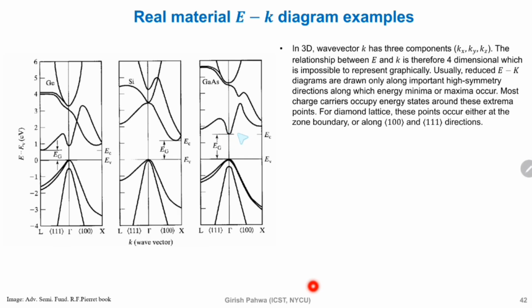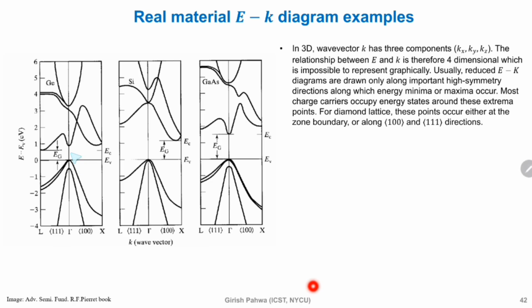Most electrons are going to be here and most holes are going to be here. There can be some electrons at higher energies, but their probability is much smaller. We will see the probability of occupancy of states also, but to reach a very high energy state, they will need some external excitation. At room temperature, it's not usually possible.